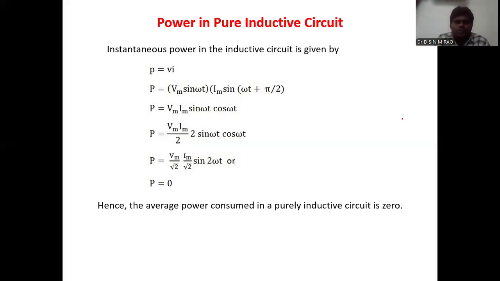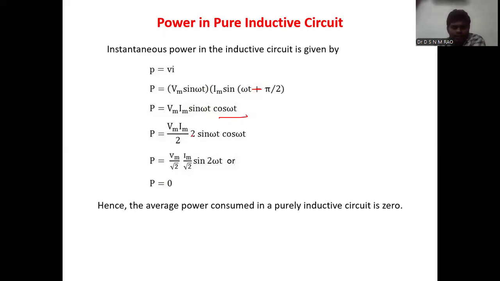So p equals v, the applied signal across the pure inductor, Vm sin omega t, into i, the derived current flowing through the inductor, Im sin of omega t minus pi by 2. So Vm into Im into sin omega t, and sin of theta minus pi by 2 can be written as minus cos theta, that is cos omega t.